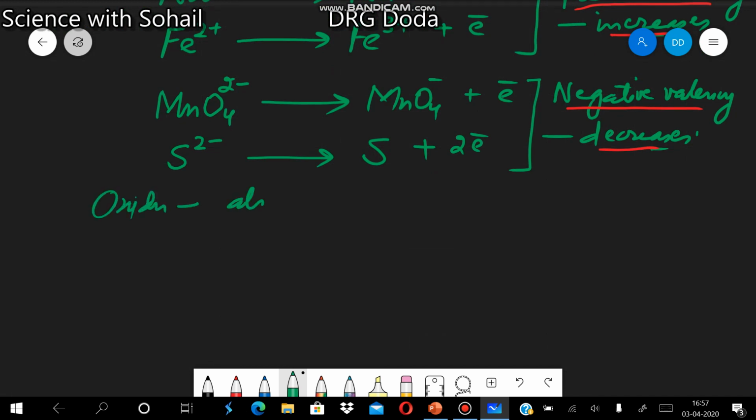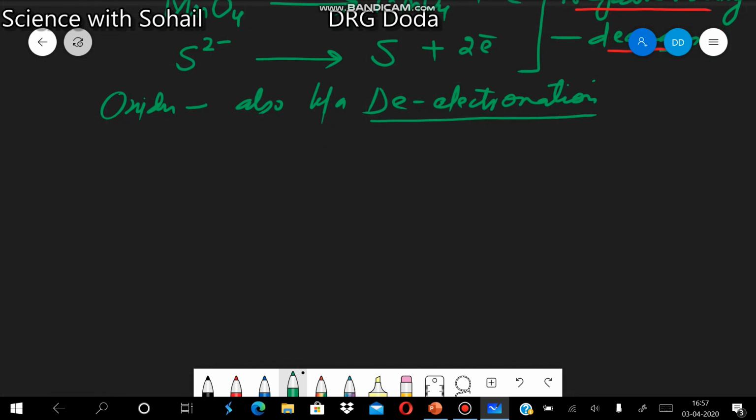Now the process of oxidation is also known as de-electronation. What is the meaning of de-electronation? It means the loss of electrons. Now according to this concept, we will define the process of reduction.